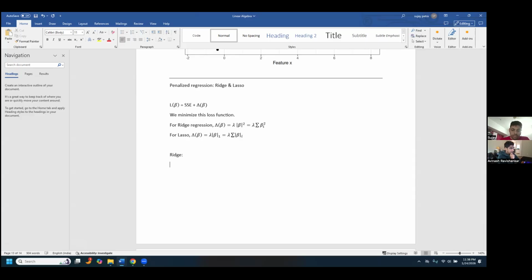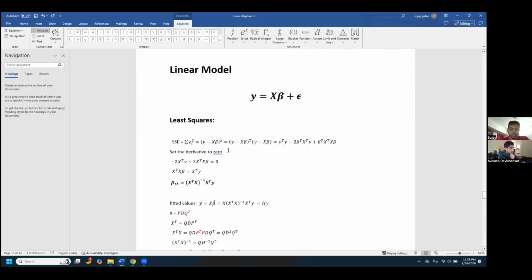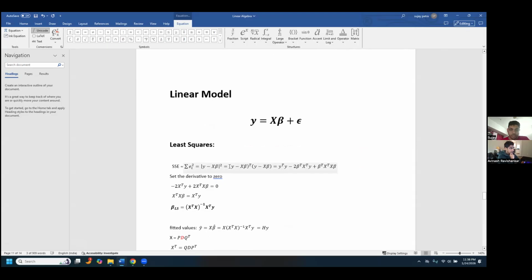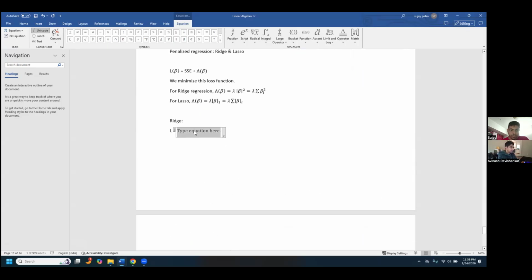For ridge, remember we had this expression for the sum of squares of error. And then I will have a plus lambda times beta transpose beta, which is another way of writing the sum of squares of beta.